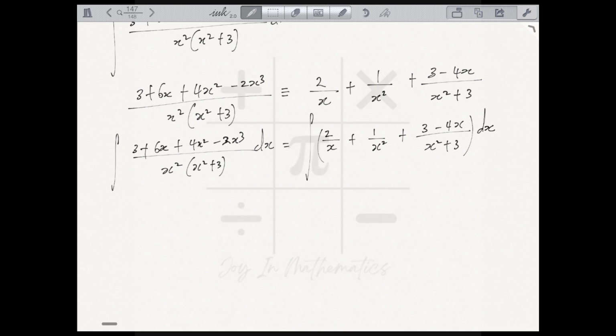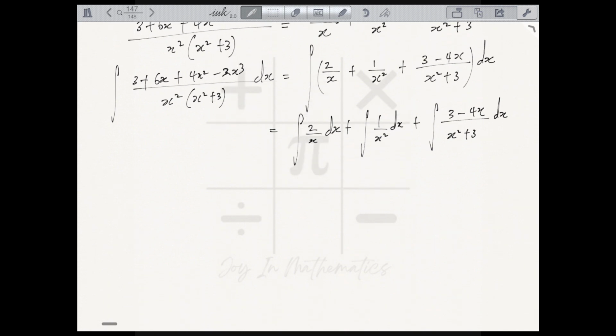Therefore, we can split each term. So this will be the integral of 2/x dx plus the integral of 1/x² dx plus the integral of (3 − 4x)/(x² + 3) dx.